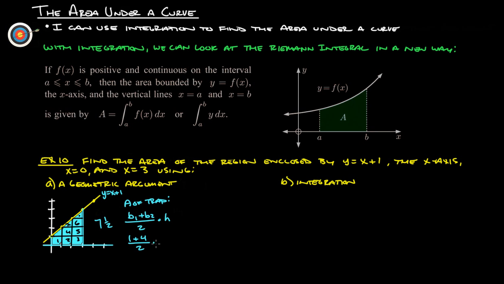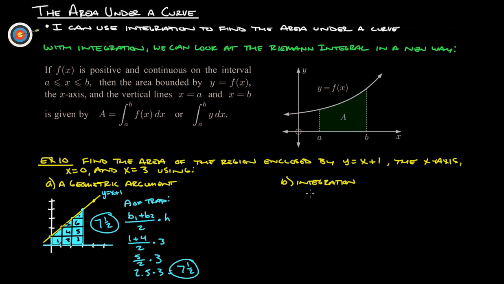Take that divided by 2, multiply by the height, which is this right here, 1, 2, 3. So that's 5 halves times 3, or 2.5 times 3, which, guess what, is also 7.5. Same thing there.